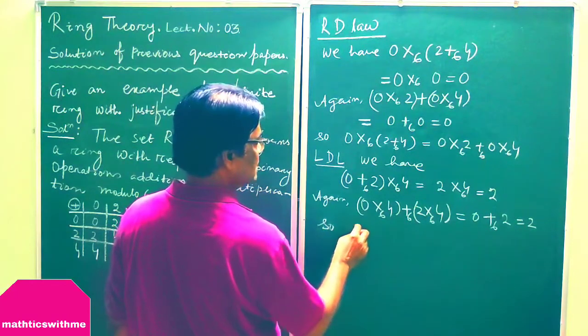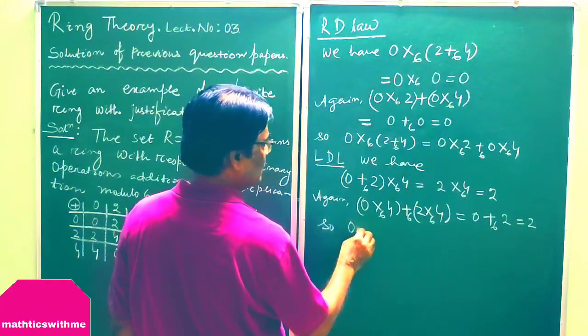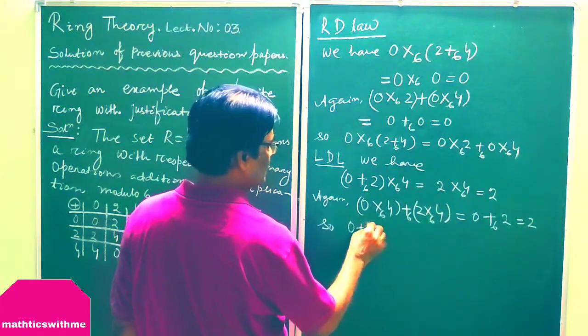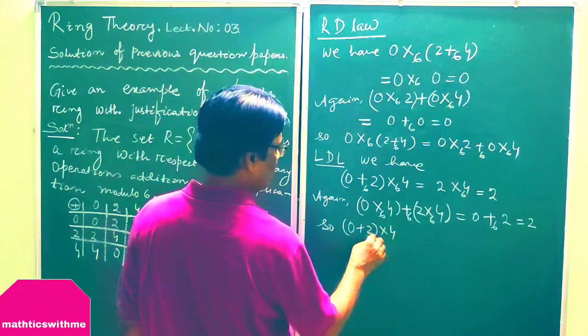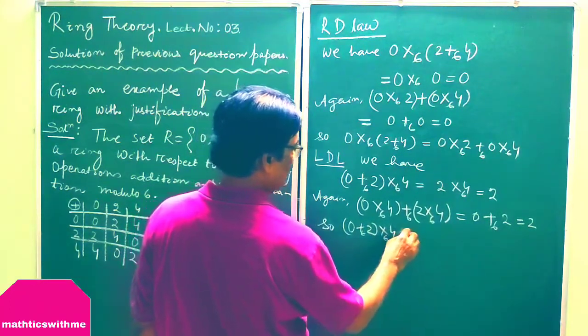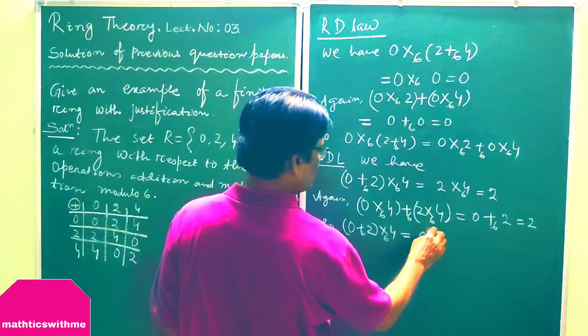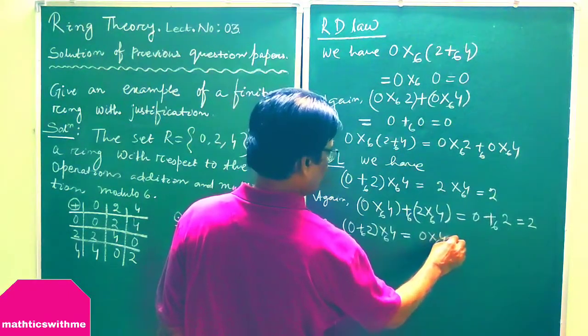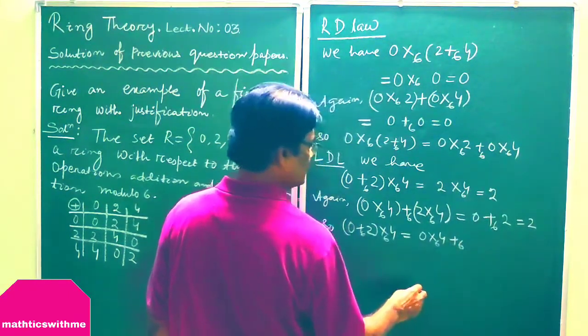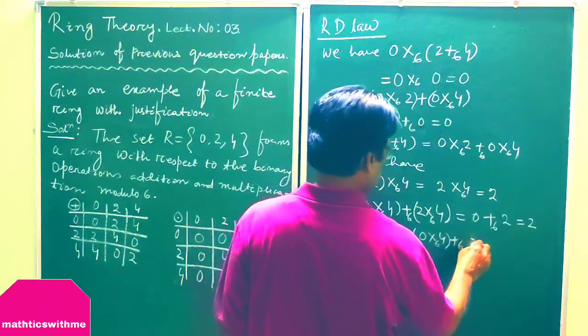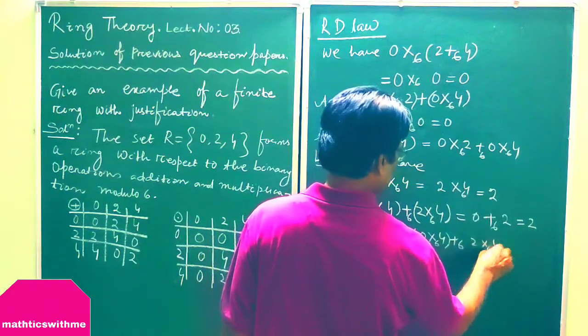So 0 plus 2 into 4 is equal to 0 into 4 plus 2 into 4.